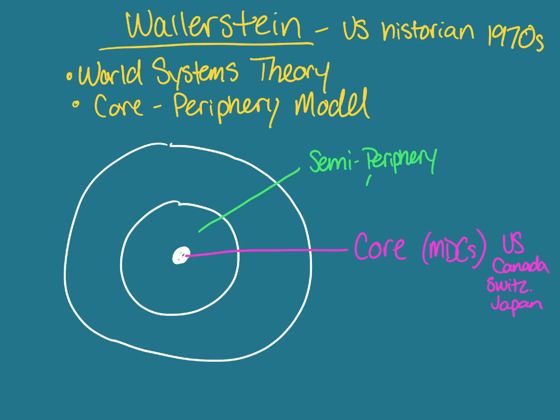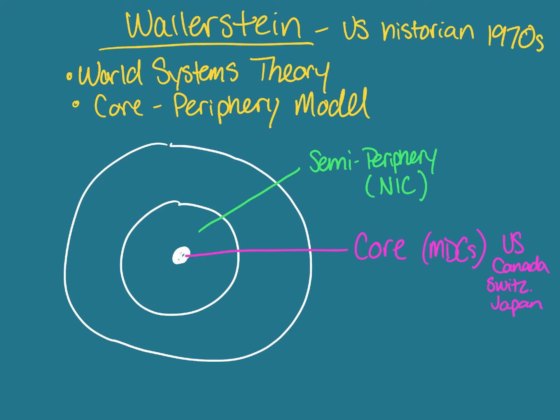The semi-periphery are like our NIC countries. Think about the examples we talked about on the last slide. There are several NIC countries. The relationship between the core and the semi-periphery is that the core uses the semi-periphery to make all the stuff for them. Core countries are post-industrial, which means they are not making their money from those secondary level jobs anymore.